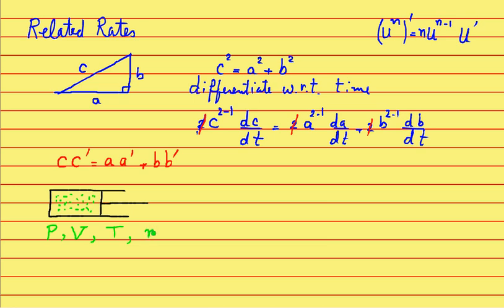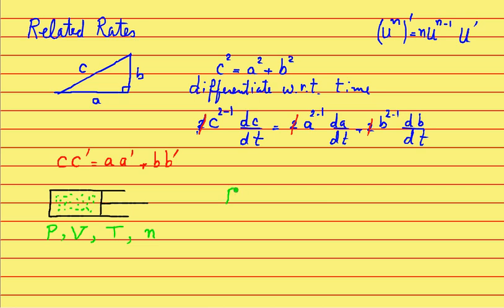You might show it by, say, N. Okay, so we have pressure, volume, temperature, and the amount. Well, these quantities are not independent of each other. The ideal gas law says that these are related to each other.